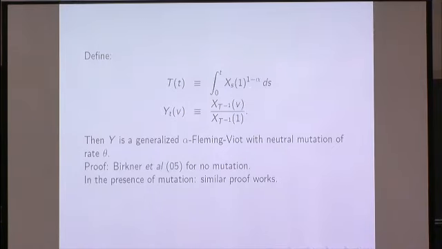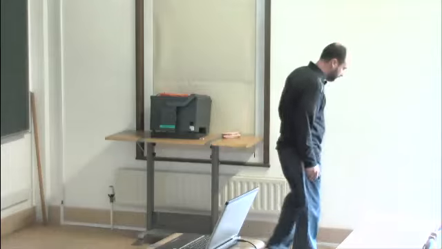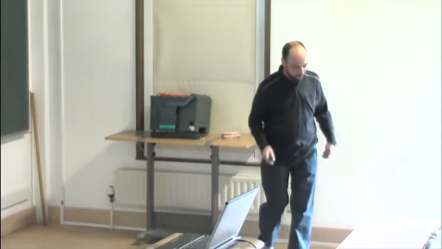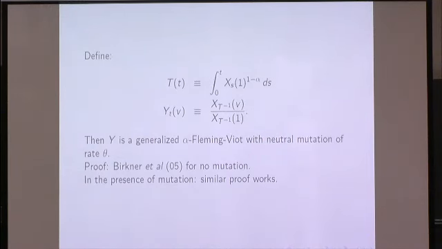Okay. There was a paper of 7 authors in 2005, Berkner and many others. People put Berkner first, since it's just the first in terms of alphabet, but there were many people in this project who in fact did all this work in the case of no mutation.